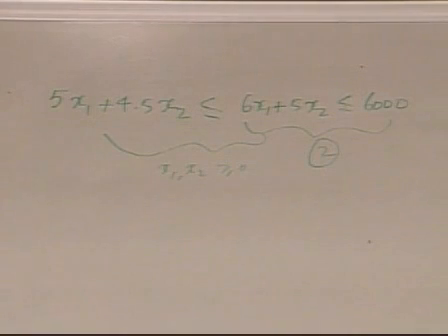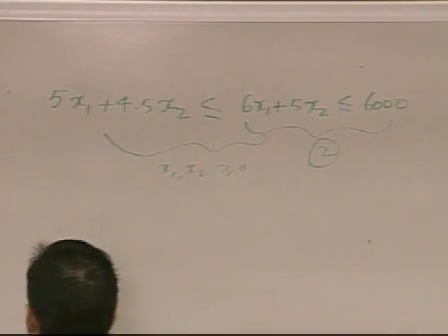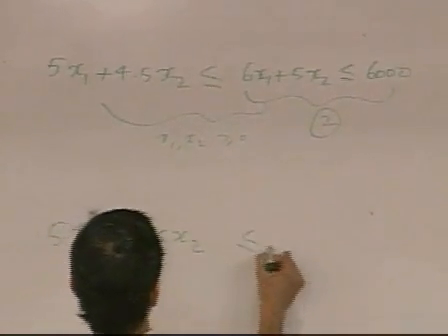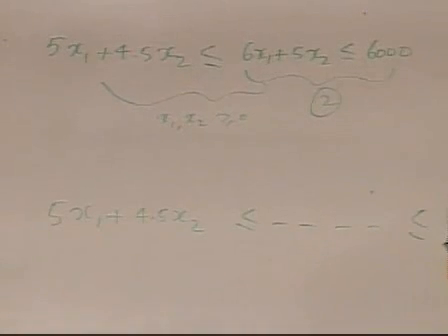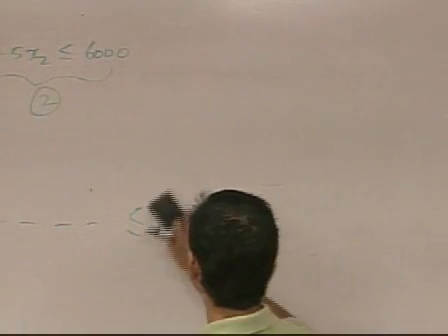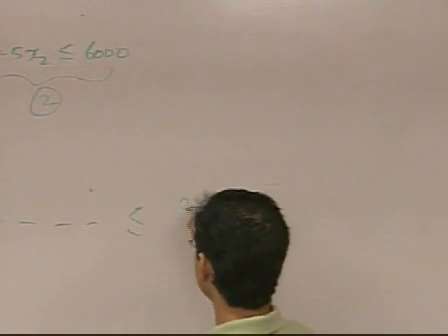Now, what would be very nice? What would be nice is a way of getting exactly that quantity here. What would be nice is something like 5x1 plus 4.5x2 is, so let me just write the exact quantity.